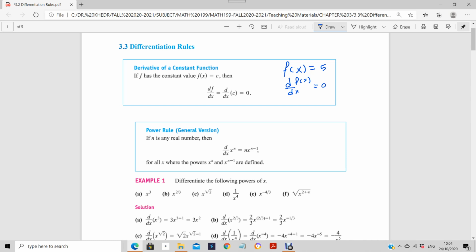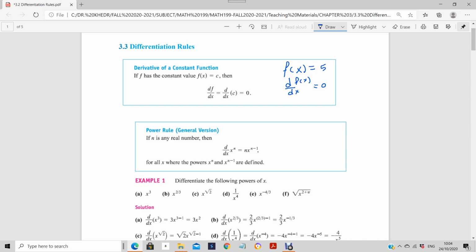If you observe this rule carefully, the power n is written in front of x, which means it has to be multiplied by x, and the power of x now is reduced by 1. So it becomes n minus 1 instead of n.